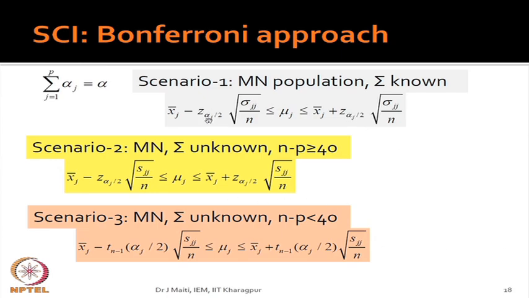So, here you are using z, here also you will be using z, but here your sigma is unknown, large sample size, your S will replace that sigma, absolutely no problem. Third one, instead of f, you are using the T distribution.